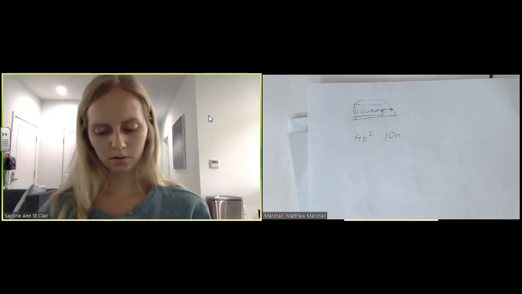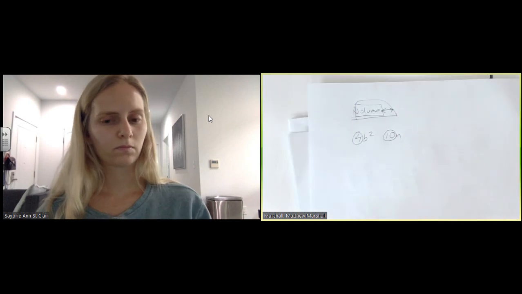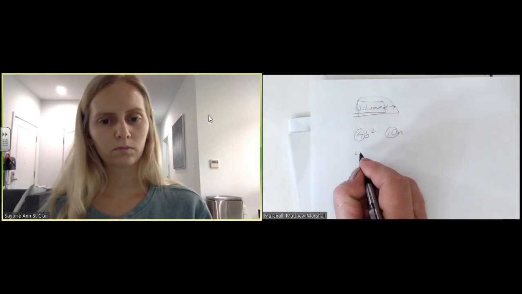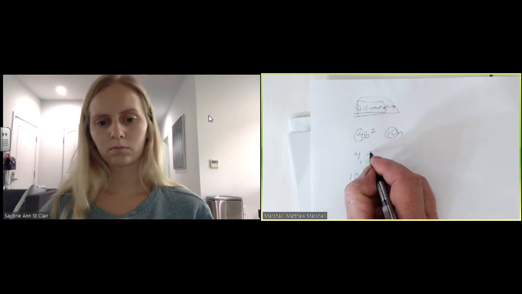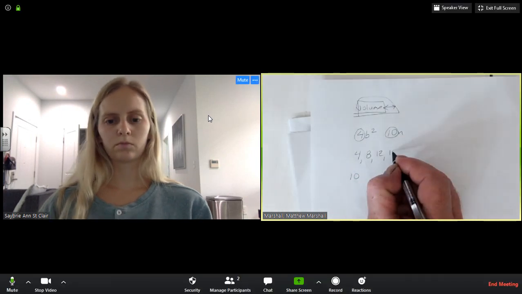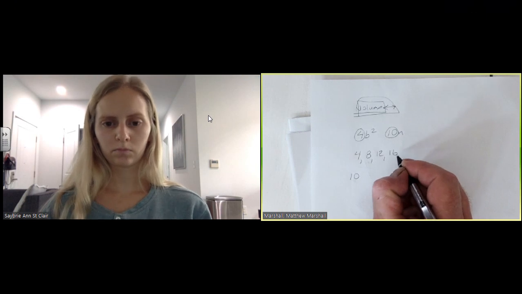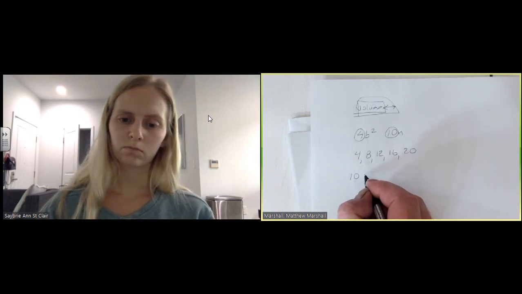Alright, so if I look at the least common multiple for the numbers, the 4 and the 10, 4 times 1 is 4, 4 times 2 is 8, 4 times 3 is 12, 4 times 4 is 16, 4 times 5 is 20. 10 times 1 is 10. 10 times 2 is 20.